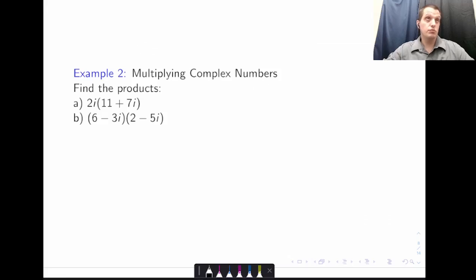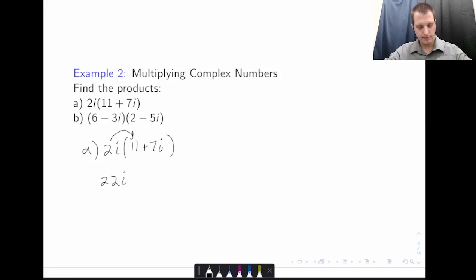Multiplying complex numbers. All right, this gets a little bit more difficult, but we can do this. Let's do it. Okay, A. 2i times 11 plus 7i. Distribute. 2 times 11, we're going to end up getting a 22i. 2i times 7i, we're going to get a plus 14i squared.